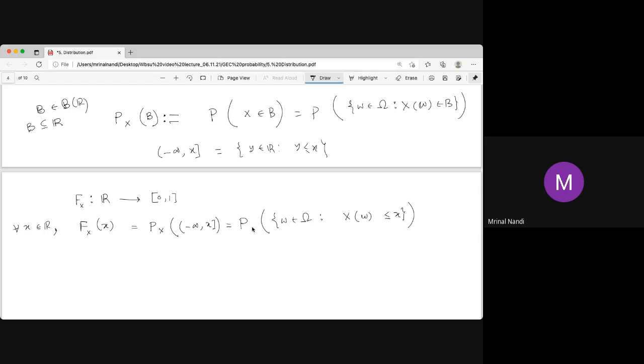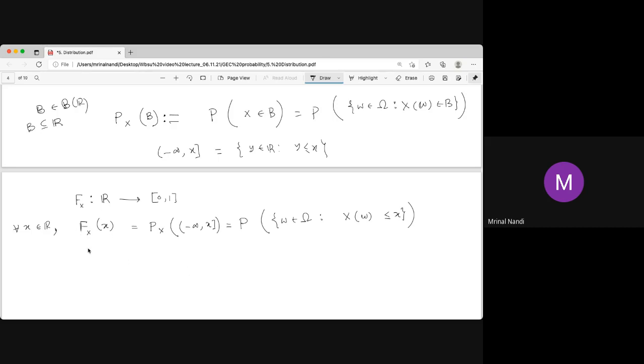To find this probability, that functional output, you need to know the actual probability on the event space, and to find that P, not the P_X, you need the random experiment. If you forget the random experiment, you can't find the probability, because all these things generate from the random experiment. If the random experiment changes, then the probability and this whole structure will change.